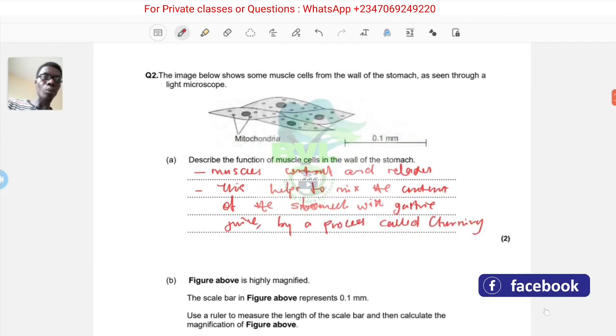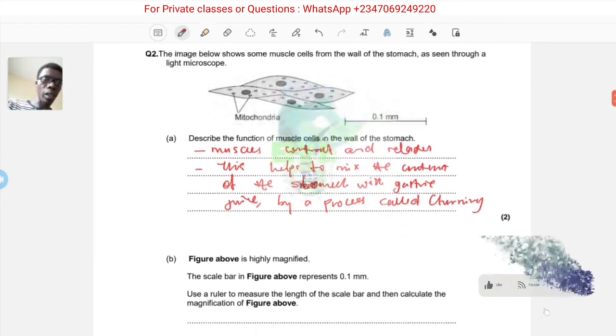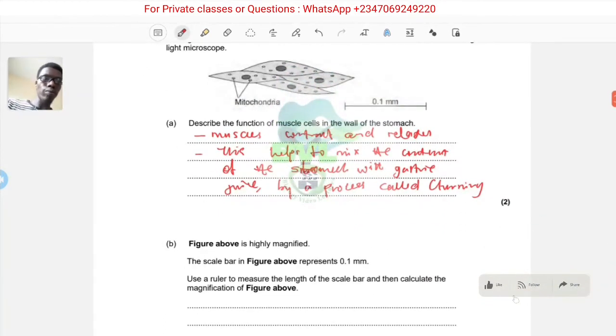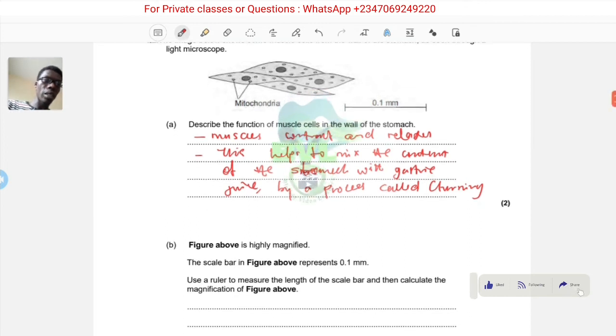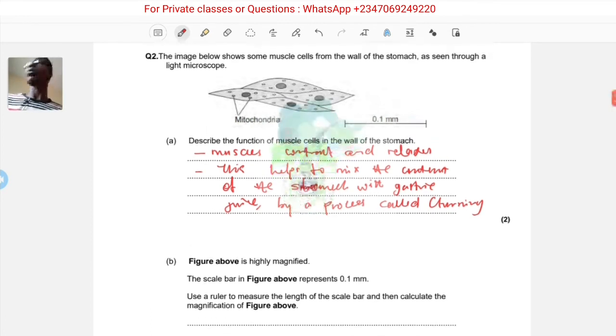It says here, the figure above is highly magnified. The scale bar in the figure above represents 0.1 millimeter. Use a ruler to measure the length of the scale bar and calculate the magnification. Okay, I have my ruler here.